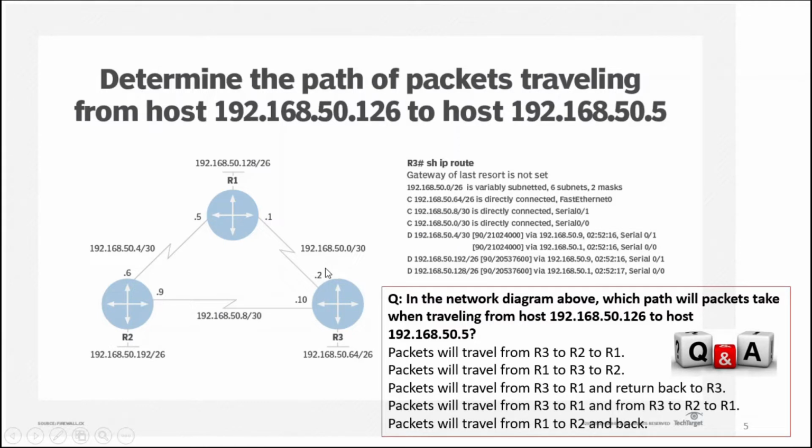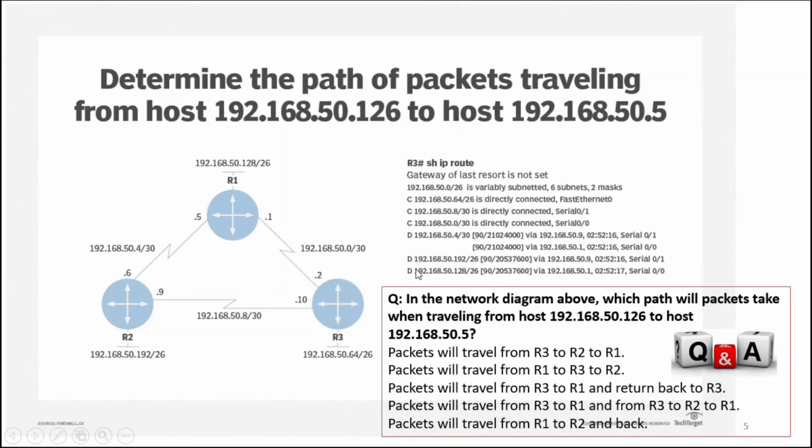How can we notice whether the routing information for the D is related to RIP or OSPF?